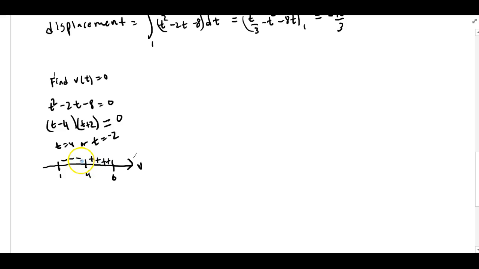That means that the particle is moving in reverse here. So we want to make those values positive. Here's how the distance sets up.